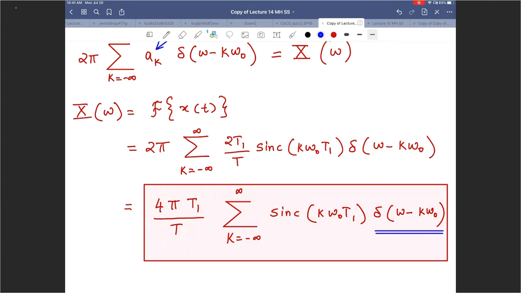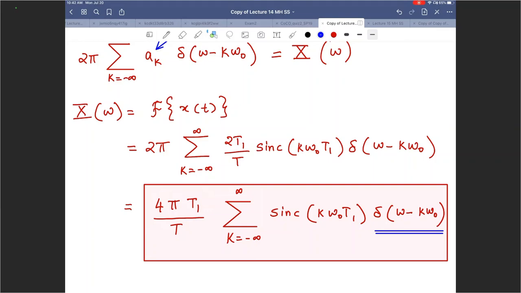Delta of omega minus k omega naught. That means that in the Fourier transform of x of t, I am going to have delta functions or impulses present at 1 omega naught, 2 omega naught, 3 omega naught, and so on, and also at 0, negative 1 omega naught, negative 2 omega naught, and so on.